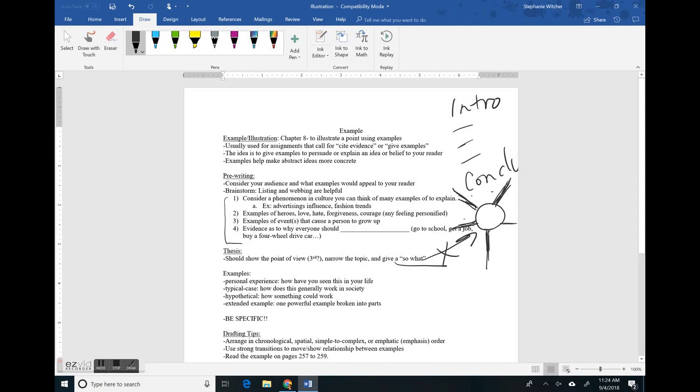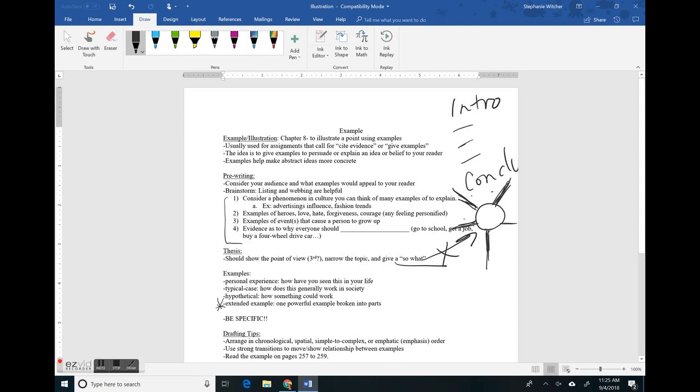The very last one is a special case that may or may not apply to you. And that is, instead of using 3 different examples, you use one example and break it into 3 parts. Now, the reason you would do that is because you have one incredibly powerful example that so overshadows any other examples you could give that it just doesn't make sense to include them. So I'll give you an example of extended example.